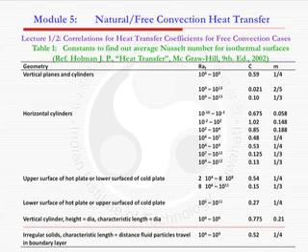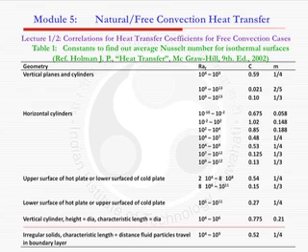And for all those cases, there is a relationship that we will discuss now, where there is a constant term C and a power term m, and this Ra is called the Rayleigh number. Ra_f is that Rayleigh number which is found out at the film temperature conditions.